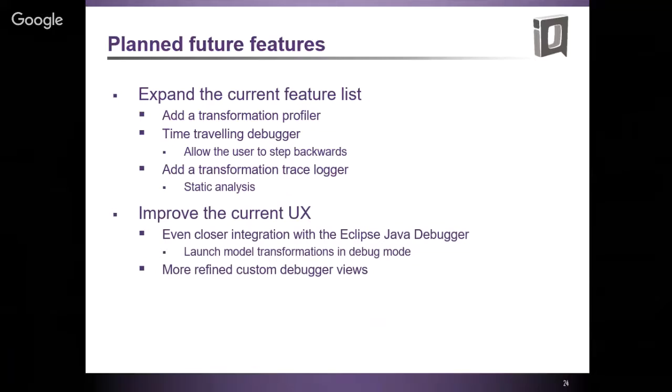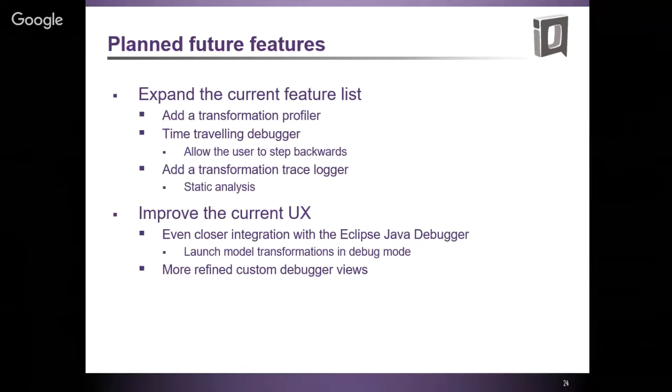We're also planning on improving the current user experience because it can be quite confusing sometimes. We'd like a closer integration with the Eclipse Java debugger. We want to launch model transformations in debug mode similar to launching an Eclipse application.